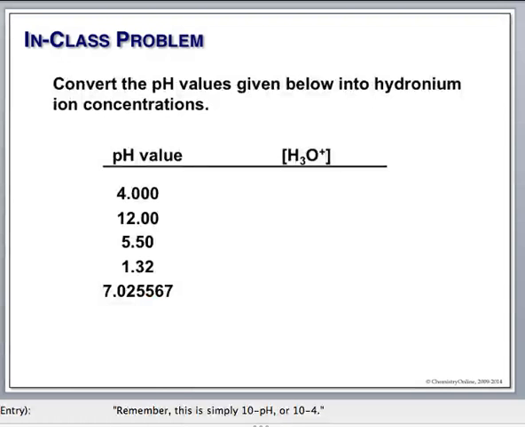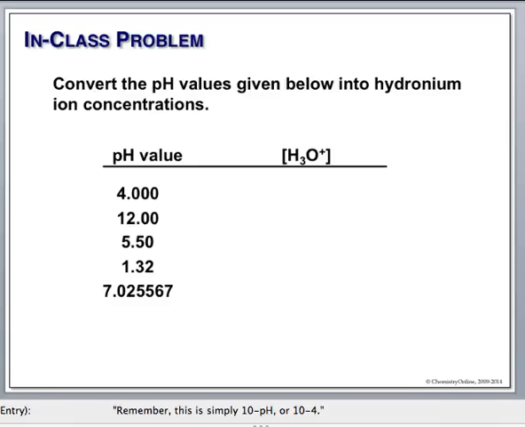All right, let's do this in real time. Take your magic calculators, take these pH values, and give me hydronium ion concentrations. For our first one, we would type in -4, right?